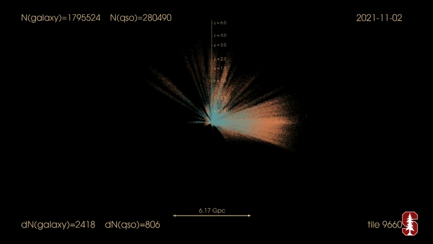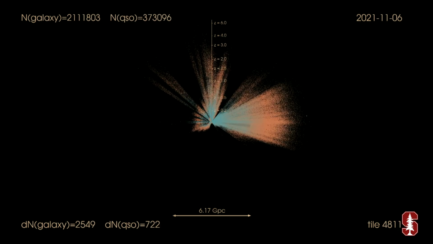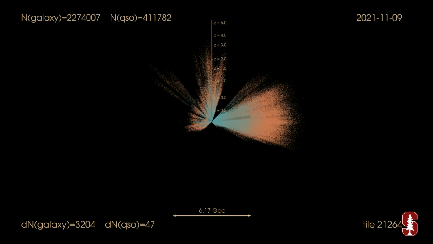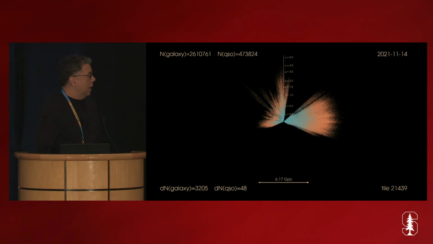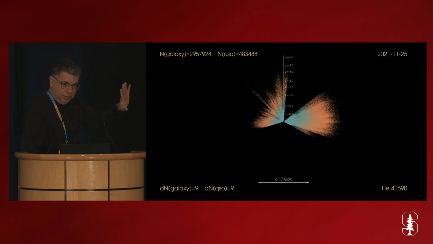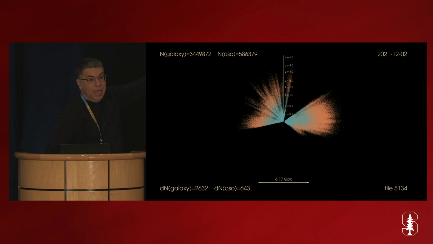The number for each of these tiles is how many objects, of order a few thousand, and those numbers add up to 5,000 for those 5,000 fibers. There are other fibers doing other things, like looking at the sky or at stars to calibrate. That's how, painstakingly, night after night, this map has been built up.